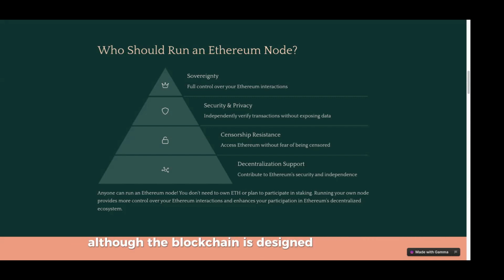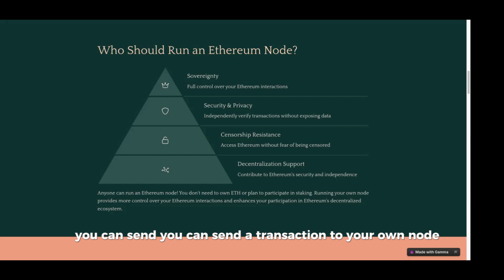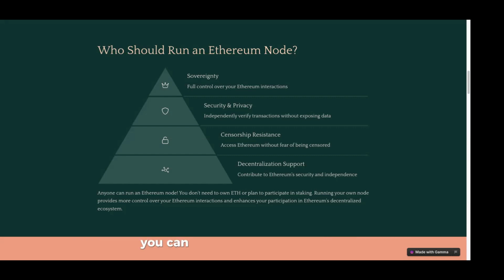Although the blockchain is designed in such a way that anybody can see your transactions, when you run a node by yourself, you can send a transaction to your own node. You can validate your own transaction, in as much as your node is following the same protocol rules. That's basically what I'm trying to explain here.